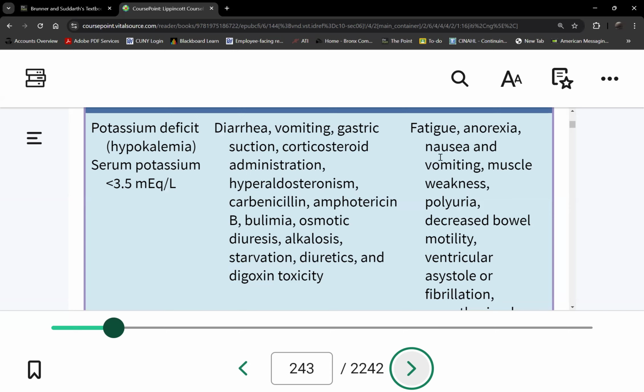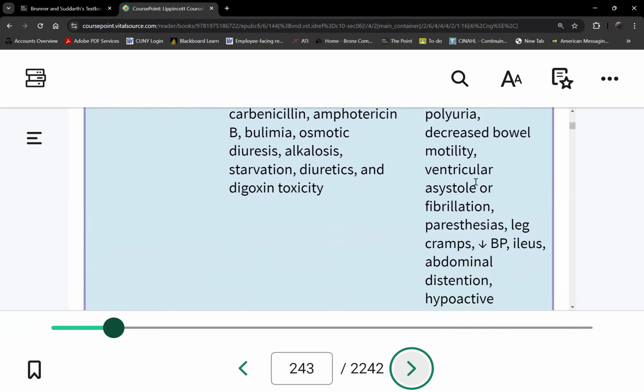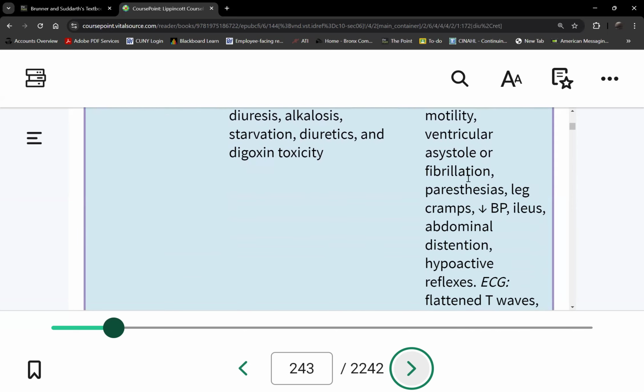So since it's a major intracellular cation, here are your manifestations. If your potassium is low, every cell's excitation is low. So there's muscle weakness, there's little to no peristalsis, so no appetite. Of course, cardiac cells will be weakened, so there will be fibrillation.